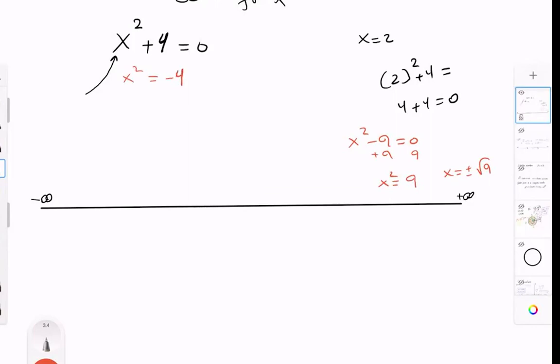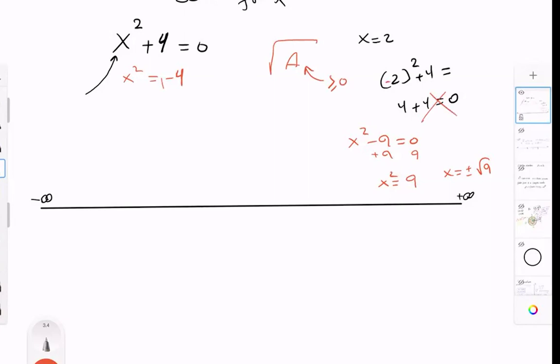Here you should stop. You cannot take the square root of a negative number. The negative number doesn't have a square root, correct? The property of a square root is that the inside should be greater than or equal to 0. Otherwise, we don't have a solution. So your 2 and negative 2 are not going to work, because we get 8, not 0.